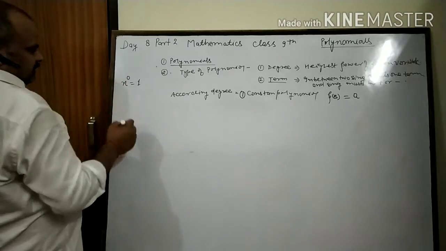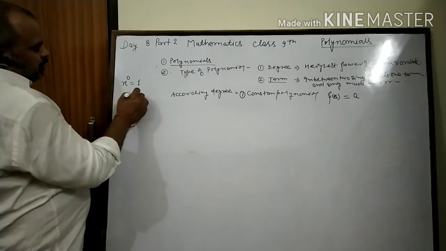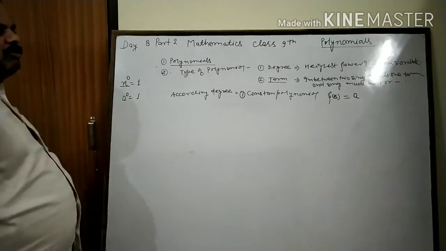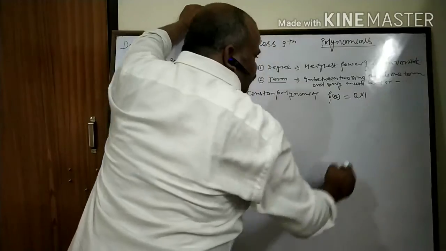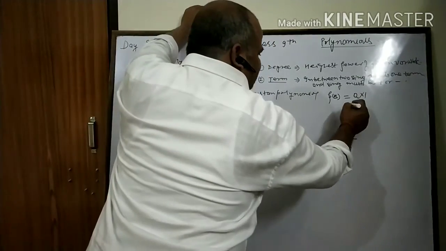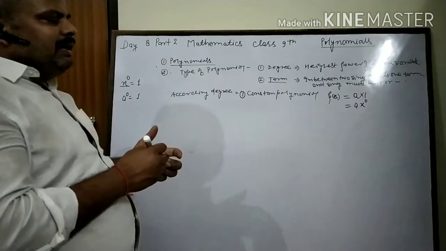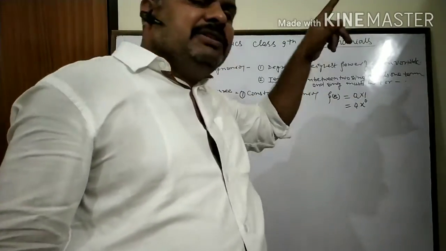Suppose in the first chapter you know that a to the power 0 is equal to 1. In the same way x to the power 0 is equal to 1. Then it will be written a into 1, and in place of 1 we can write a x to the power 0. Then if you have the constant polynomial, then its degree is 0.